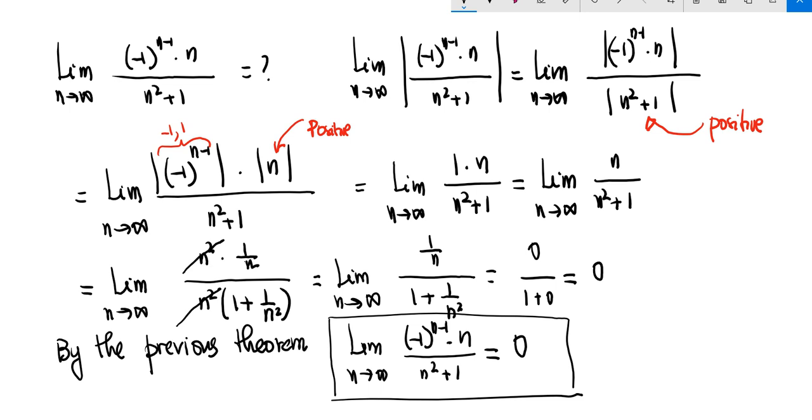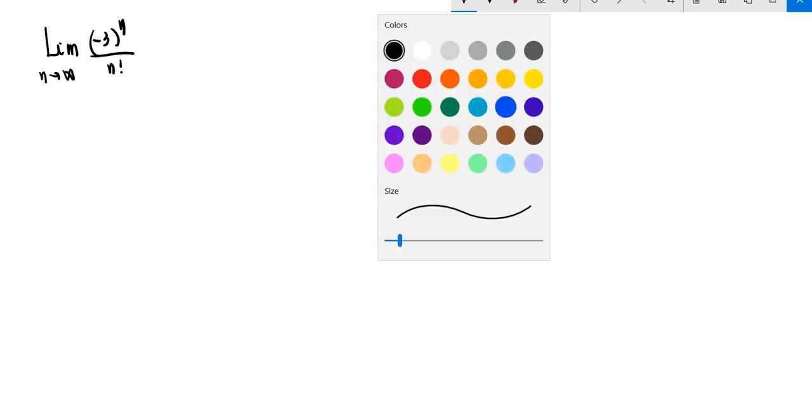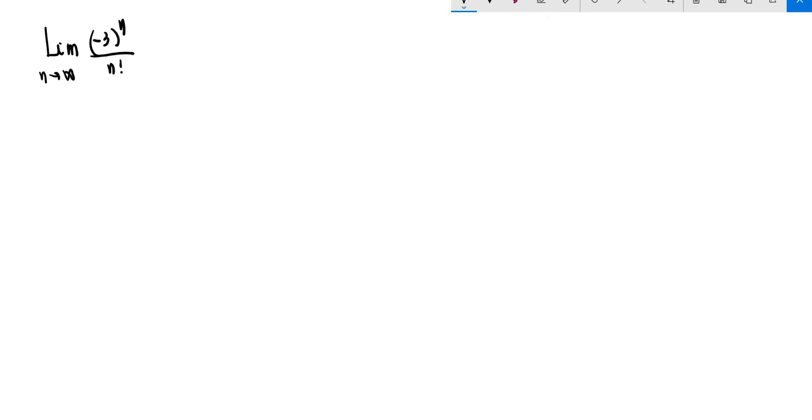Alright, so we will now look at another interesting example, which is the following. We consider the limit of (-3)^n over n factorial as n is approaching infinity. So you may not remember or know what n factorial is.